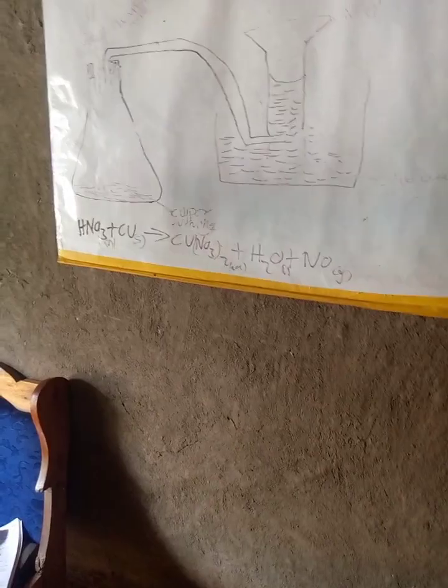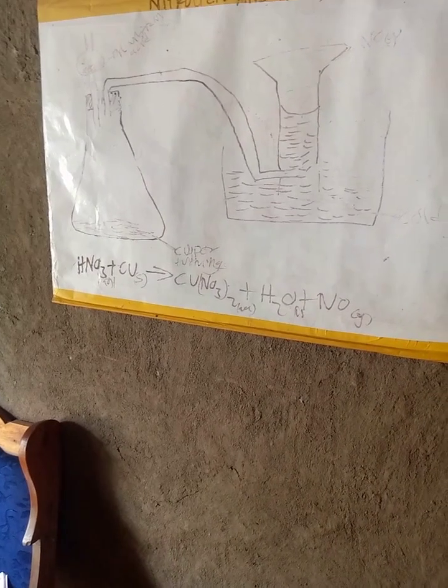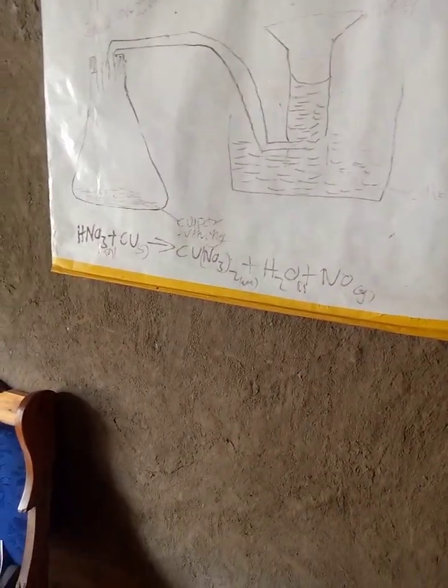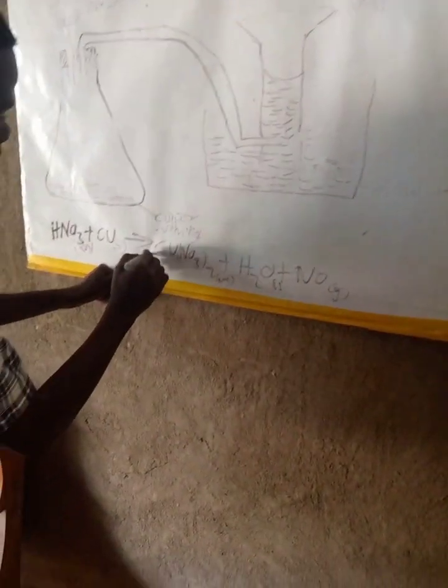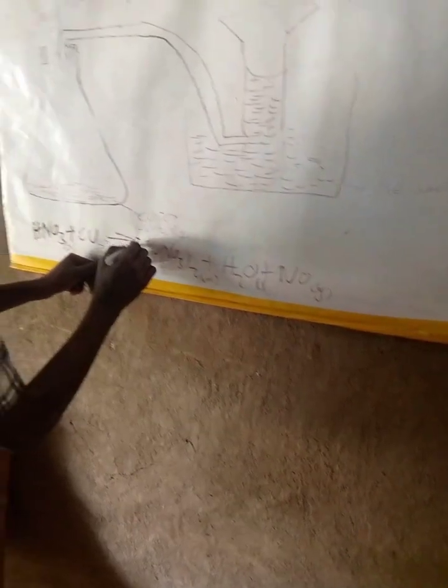So here is 3, here is 3, 8 for nitric acid. Copper nitrate is 3.